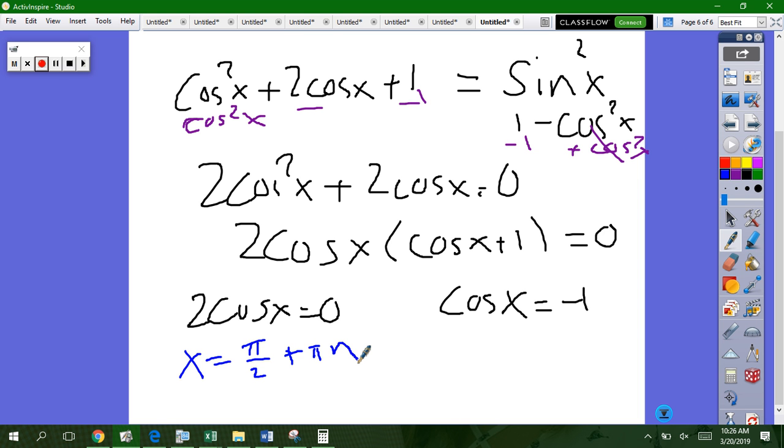Between pi halves and 3 pi halves, it's just adding pi, correct? Half a circle. Where does cosine x equal -1? Pi, right? So I'd have to write x equals pi plus 2 pi n. Once again, where n belongs to the integers.